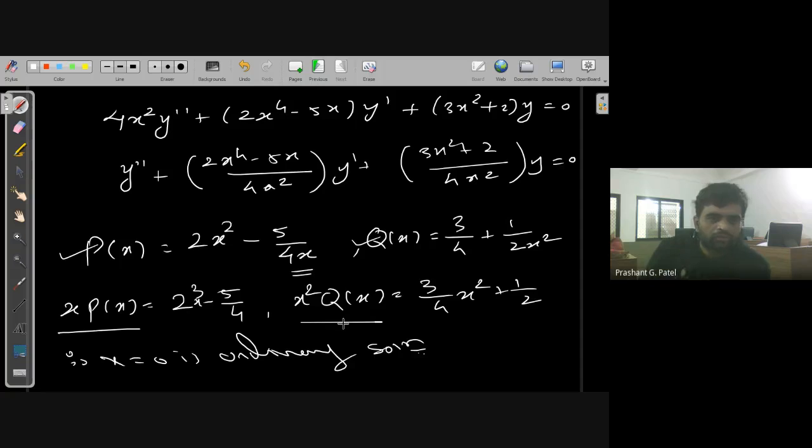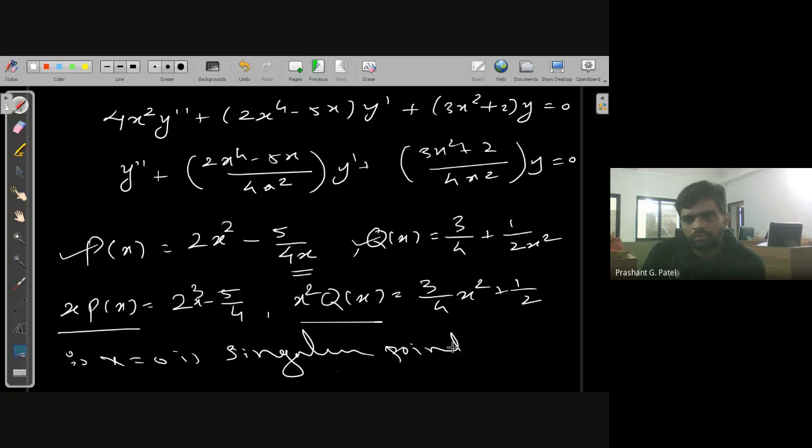So therefore, x equal to 0 is a singular point. Since x into P of x and x square into Q of x are analytic at x equal to 0, they are the regular singular point.